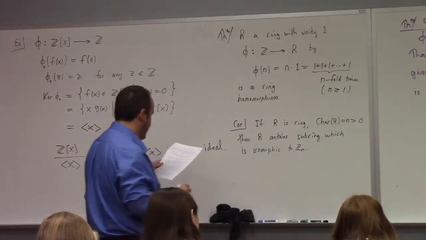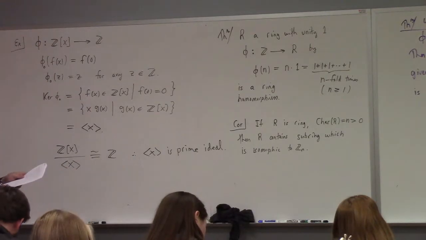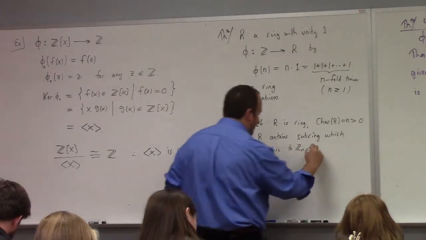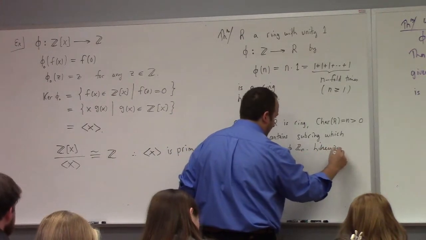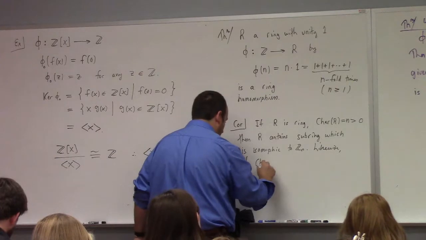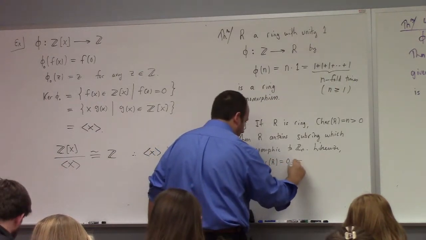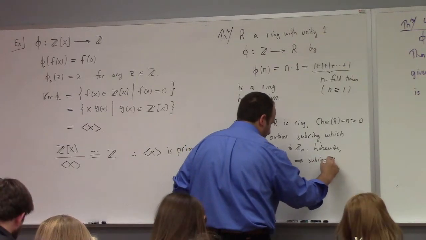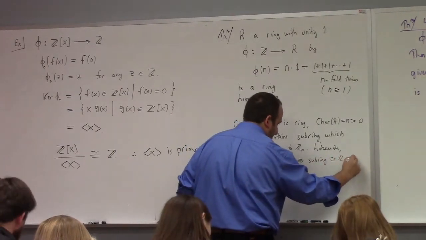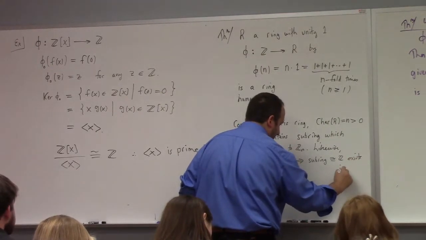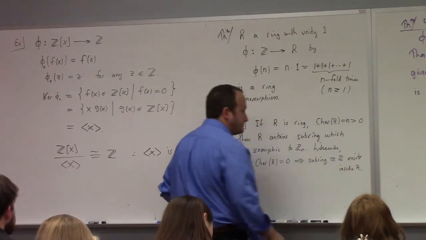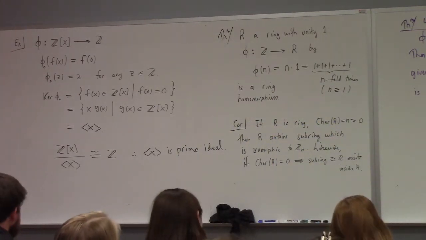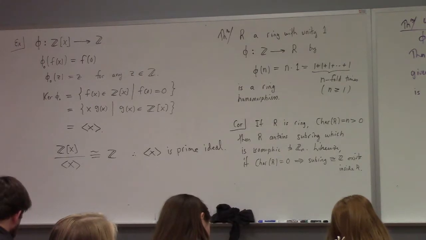On the other hand, if the characteristic of the ring is 0, then it contains a subring which is isomorphic to the integers. All right. What is the proof of that? I best project it.